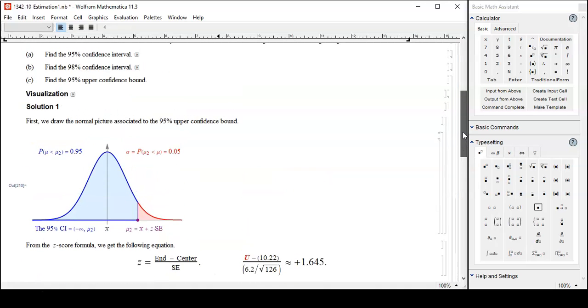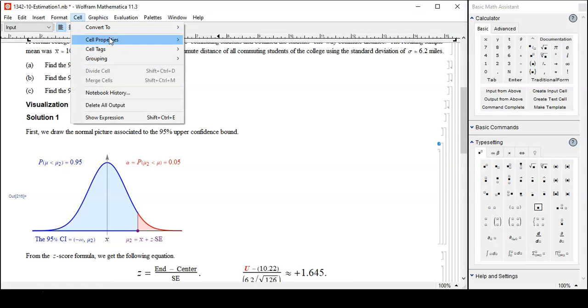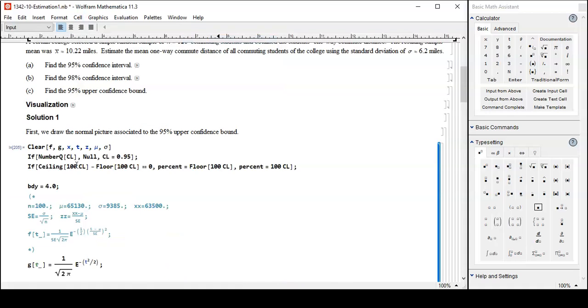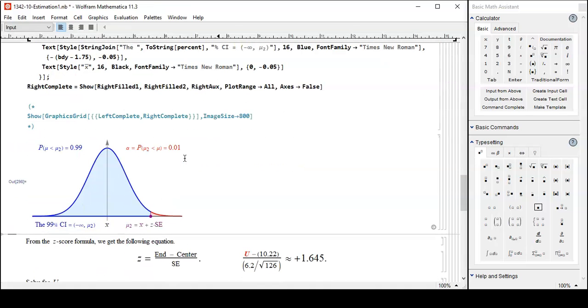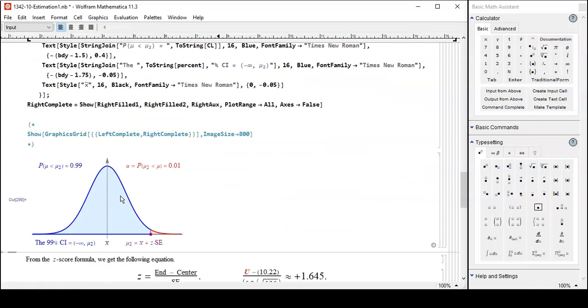Now, what if you want to select not a 95% upper confidence bound, but something different, like, say, a 99% confidence bound? You're going to get this kind of picture. 99% confidence, and then 1% there.